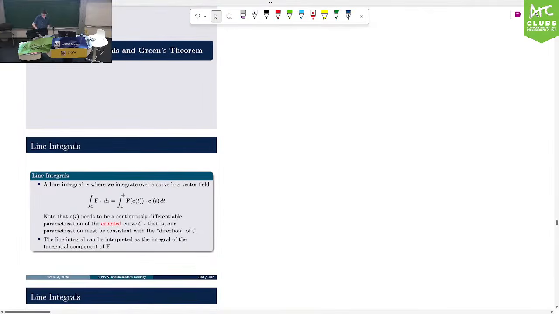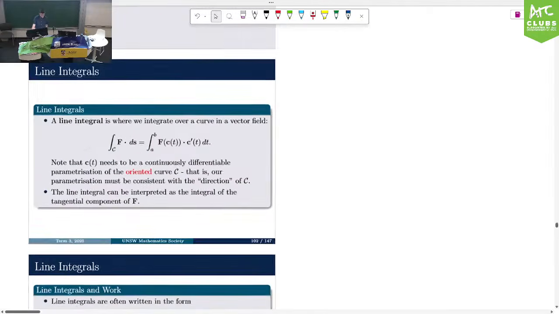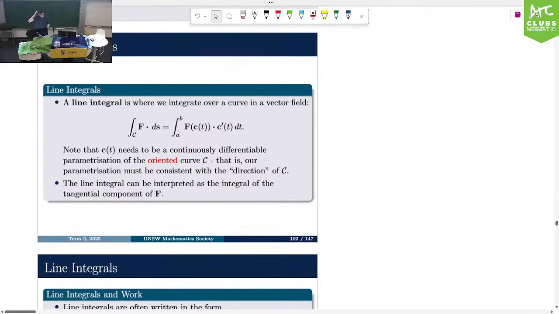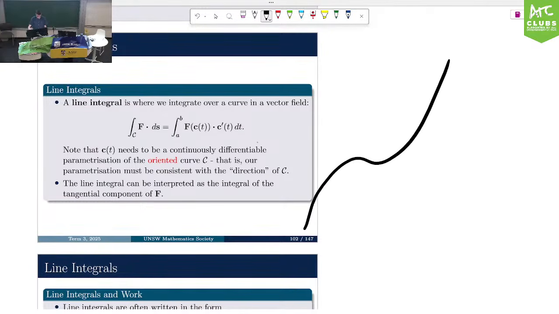So we'll briefly walk through this. We just need to know what a line integral is and how to work with Green's theorem. A line integral, if you're familiar with physics, is effectively the work of a force. So you can imagine this function is a vector-valued function going from Rn to Rm, where we're saying ds is like, we have some sort of curve C, and our ds is the tangent vector along the curve.